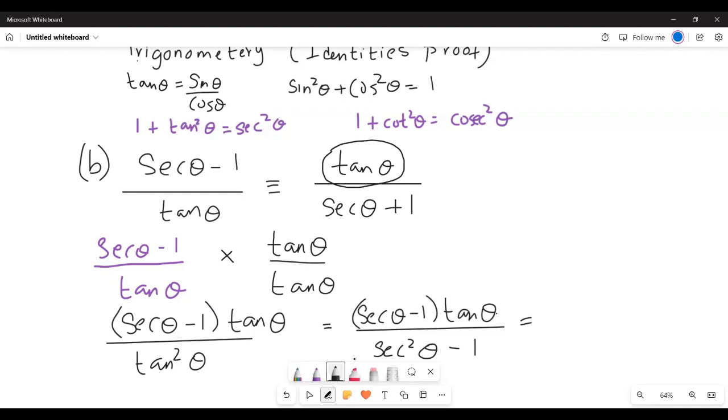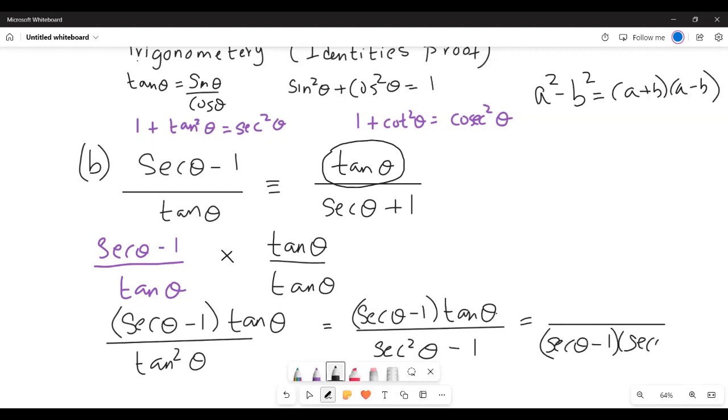Now in the denominator, I'm using the property a square minus b square, which is a plus b, a minus b, the algebraic identity from O levels. So this would be secant theta minus 1 in one bracket, secant theta plus 1 in the other, and this gets cancelled. And we have tan theta over secant theta plus 1, and that is what we were supposed to show.